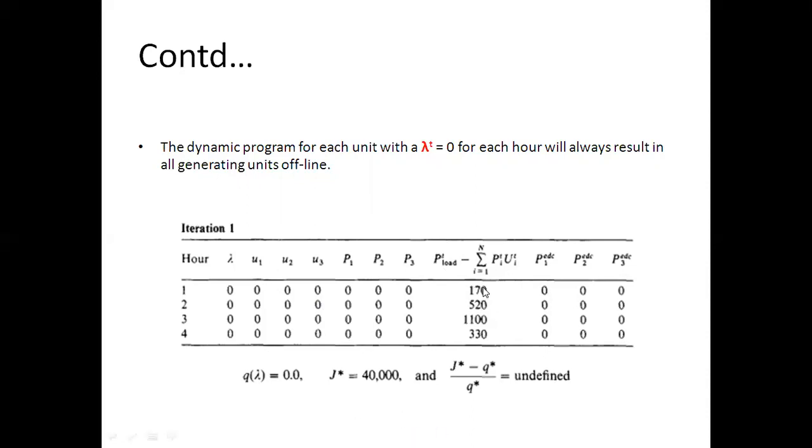So 170 minus 0 is 170, 520 minus 0 is 520, 1100 minus 0 is 1100, and 330 minus 0 is 330. So q lambda value is 0 and the J star value will be, there is no unit.